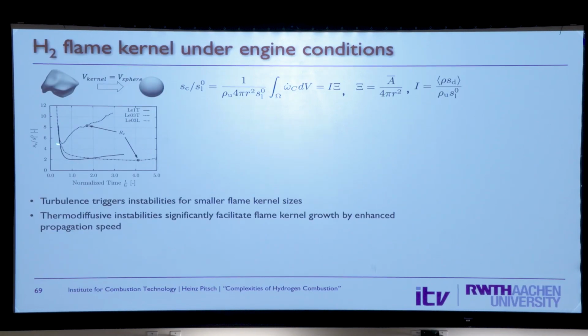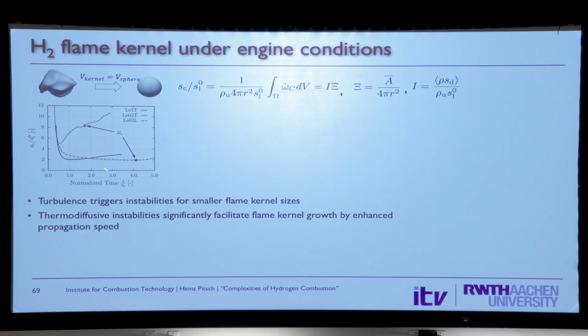If we look at this quantitatively, this is the consumption speed as a function of time, and you see this is the laminar kernel. It also burns faster than the laminar flame because of the curvature effect. It's just a stretch.